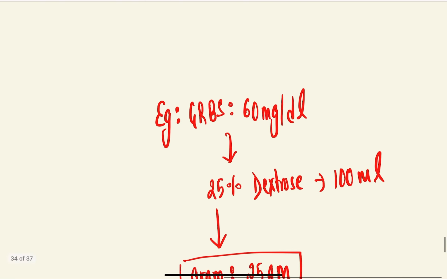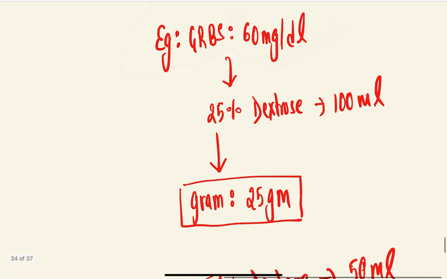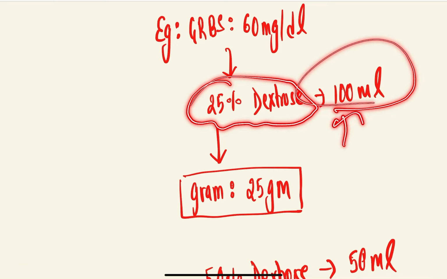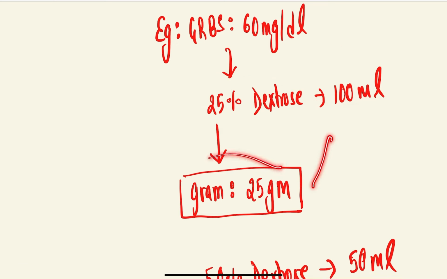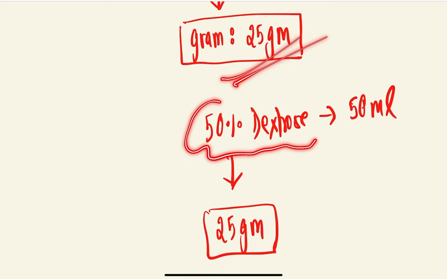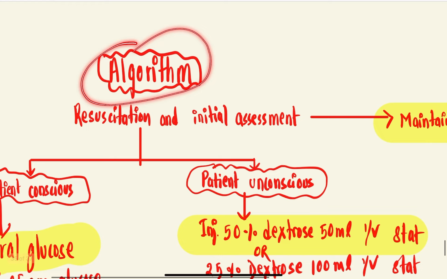Let's suppose there is a patient with CRBS 60 milligram per deciliter, then we should give 25% dextrose 100 ml, which contains 25 gram dextrose. Or if it is not available, then we can go for 50% dextrose, 50 ml. Let's see the algorithm.